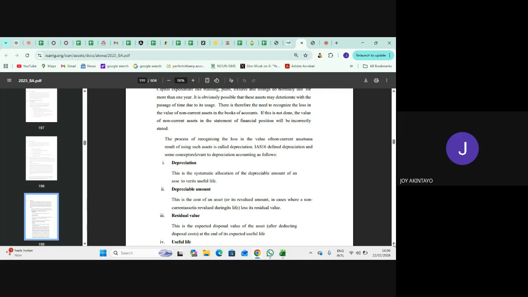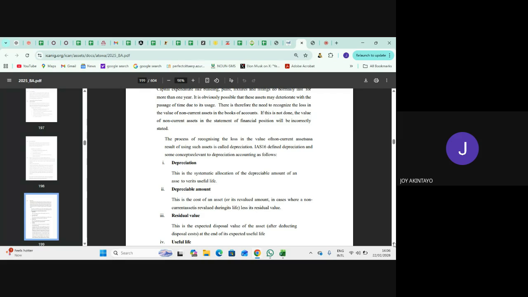And what is the depreciable amount? Depreciable amount is actually the cost of our assets minus residual value.